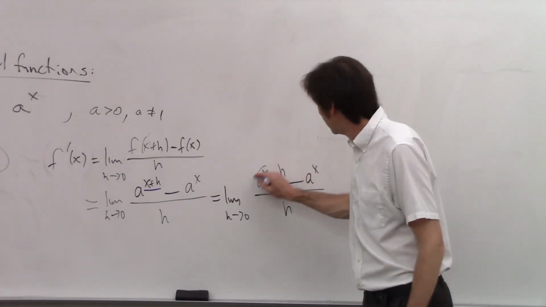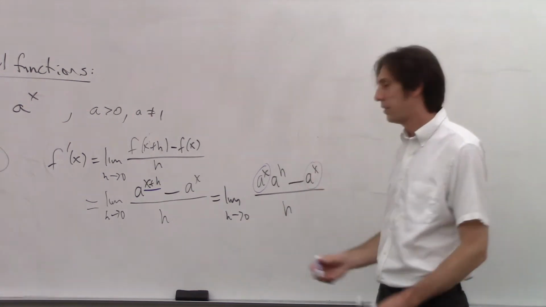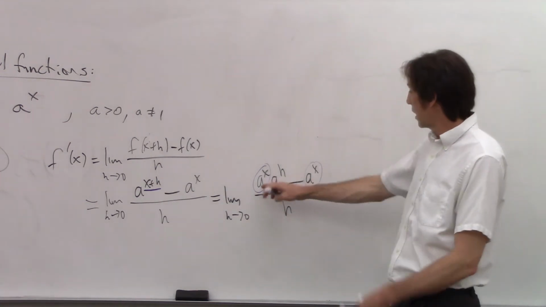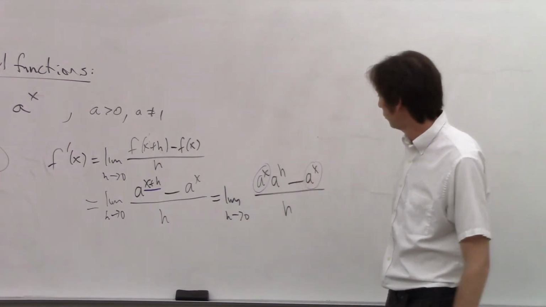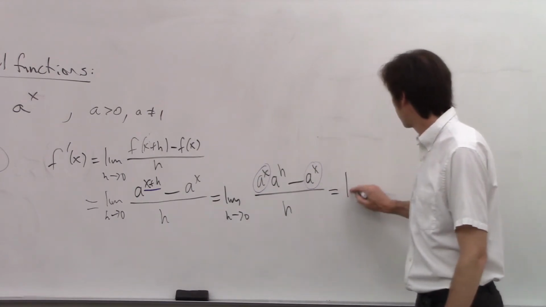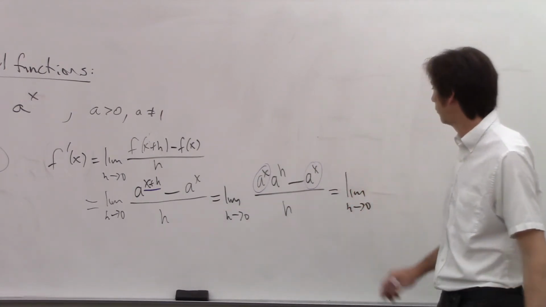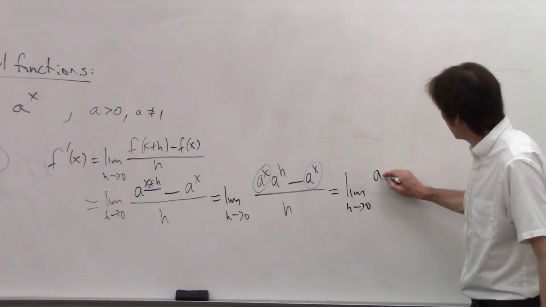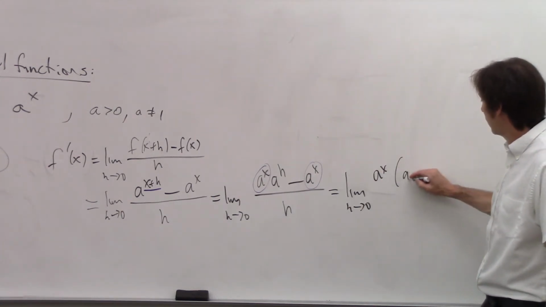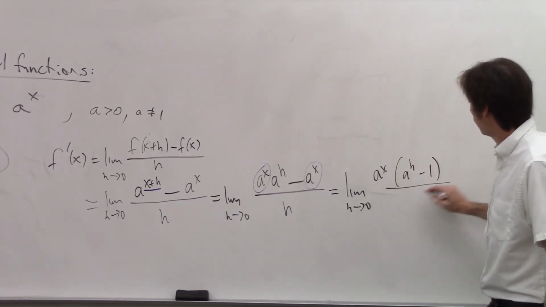Now, I see in my numerator that I have a to the x in common for both of those terms, so that can get factored out. So I have the limit as h goes to 0 of a to the x times a to the h minus 1 all over h.